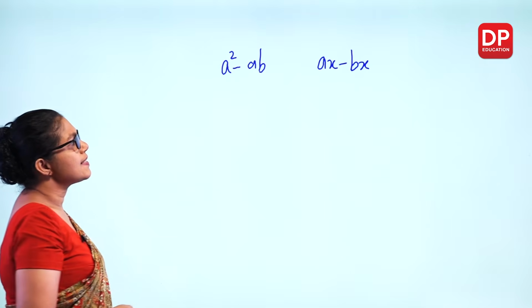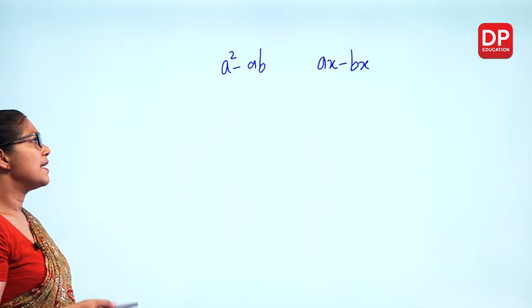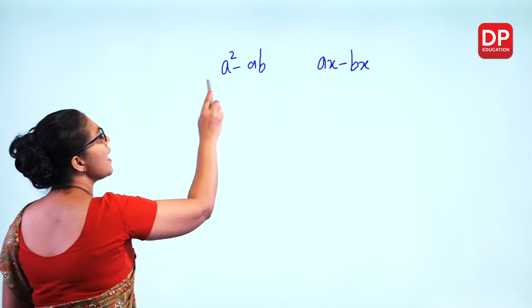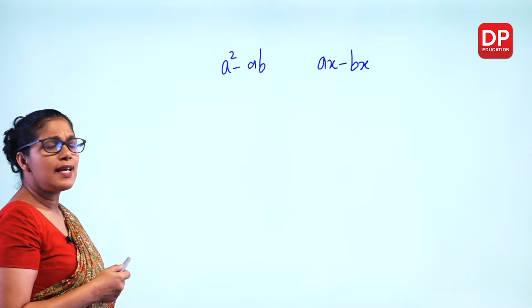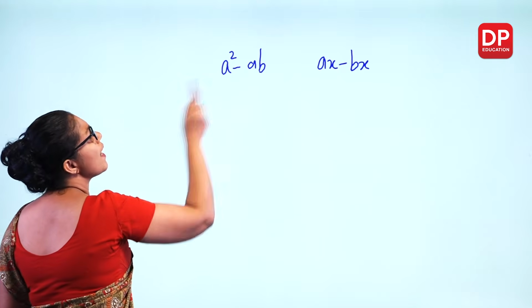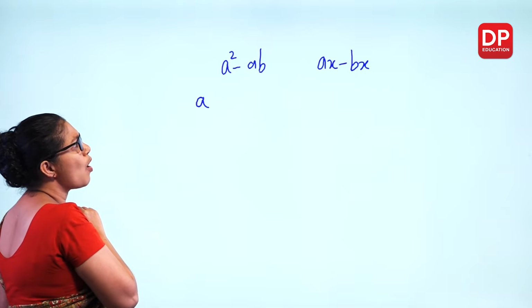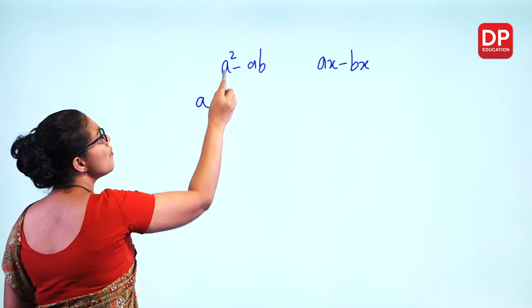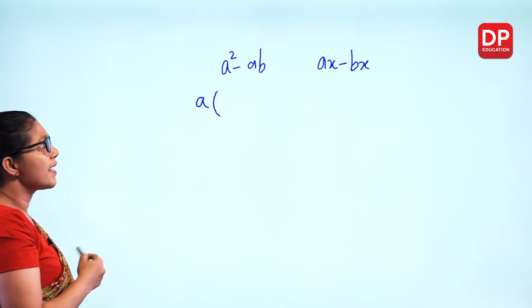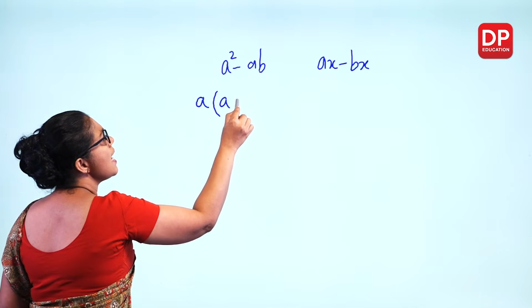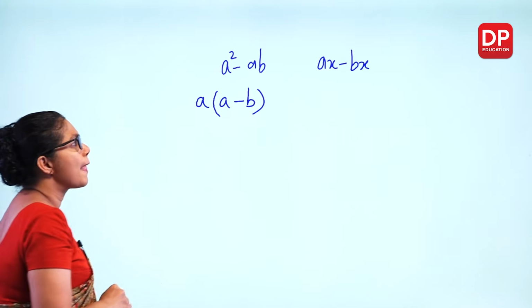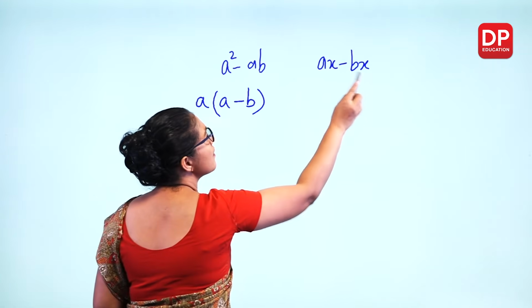Now we'll take another example. A squared minus ab and ax minus bx. So here look at carefully and see what's the factor here. I can see a is common, take it out. What is the remaining part? I can write as a minus b. What about this one?